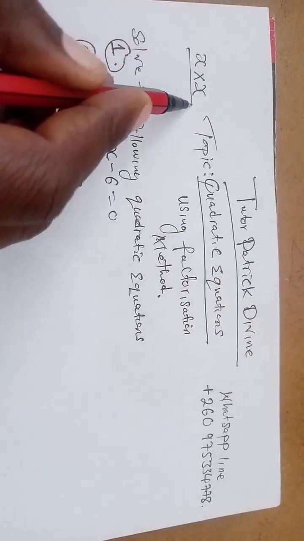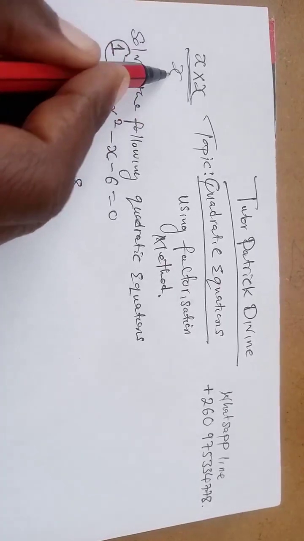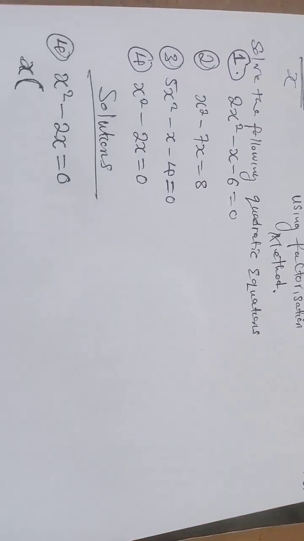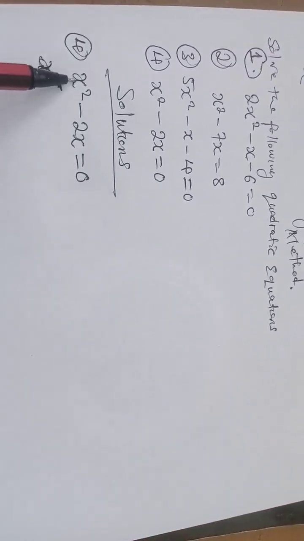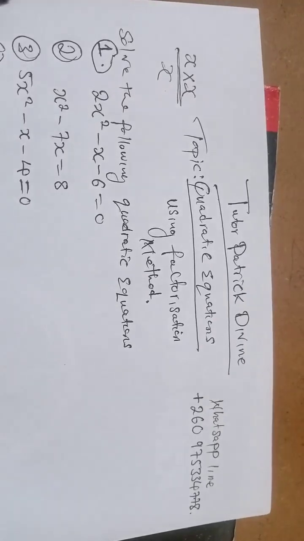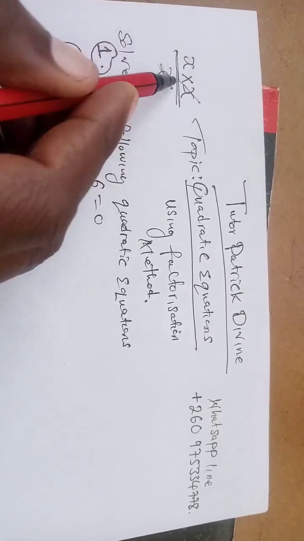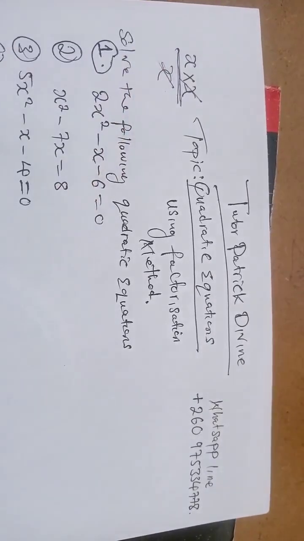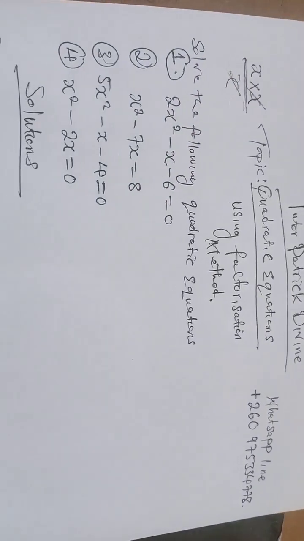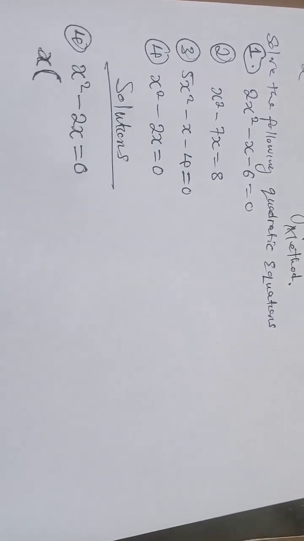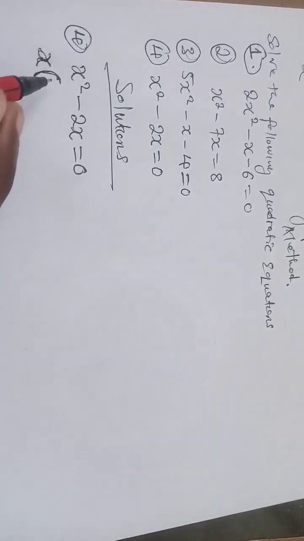So we divide by x. x squared divided by x, this x will cancel, that x will cancel. What do we have here? We have x only.